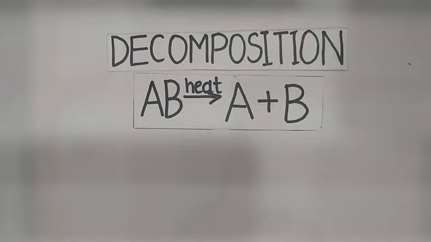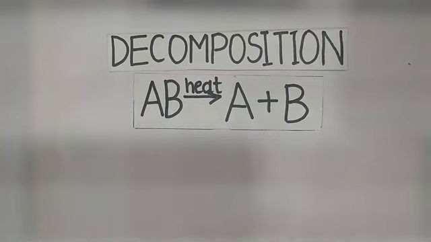What exactly happened in a combination reaction? There A plus B combined to give us AB, but in a decomposition reaction, AB needs some amount of heat to give us the simpler compounds of it, which are A and B.